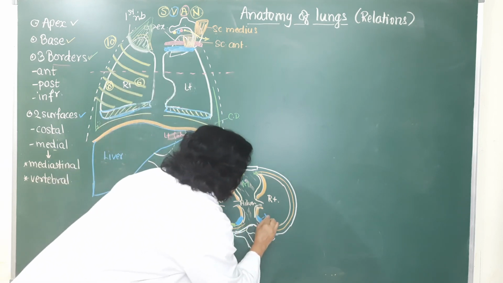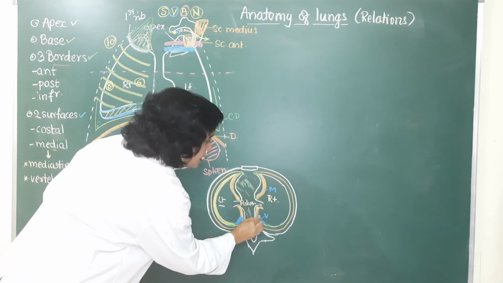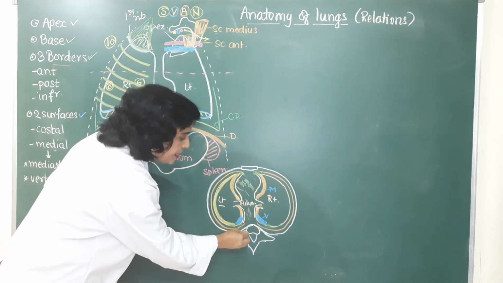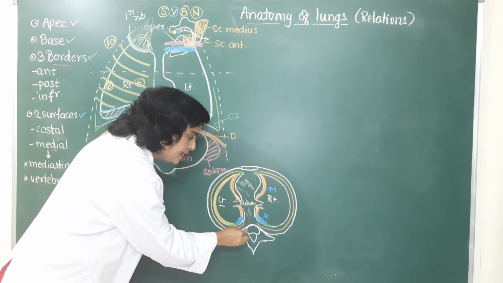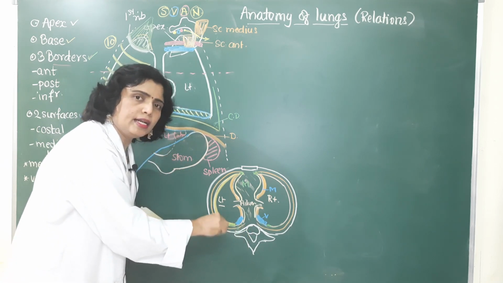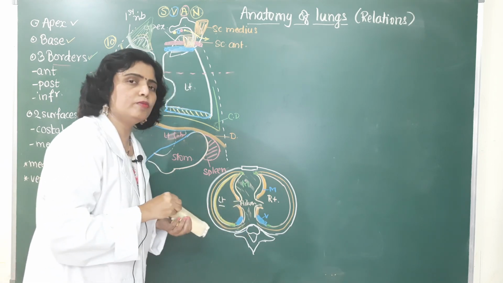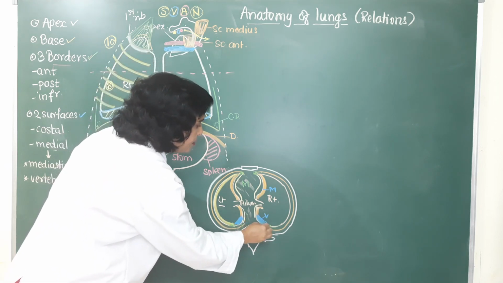So first, about the relations of this vertebral part. The vertebral part is related to the upper 10 thoracic vertebrae, intervertebral discs, and in the lower part to the greater and lesser splanchnic nerves, in addition to the posterior intercostal vessels. So that is about the relations of the vertebral part.